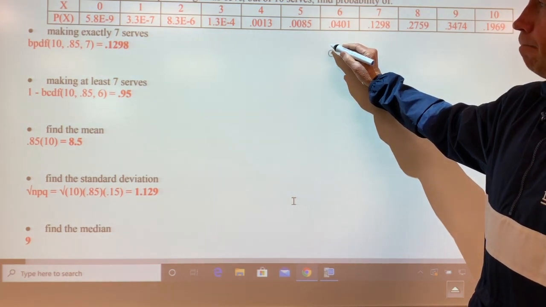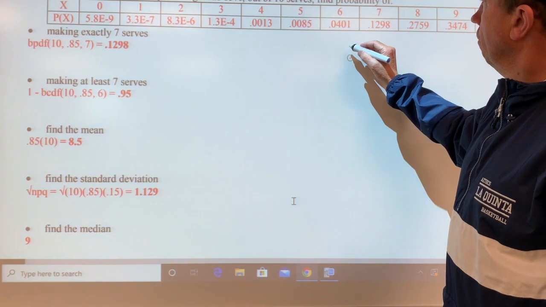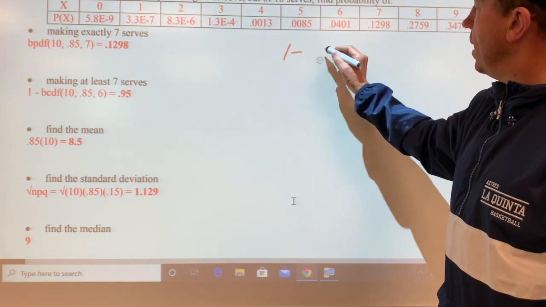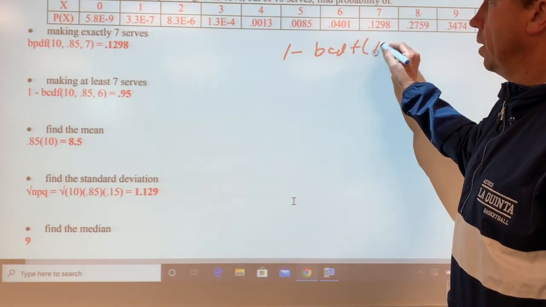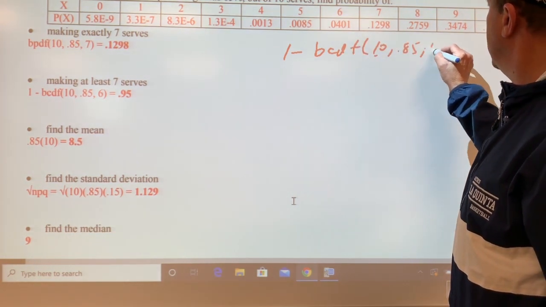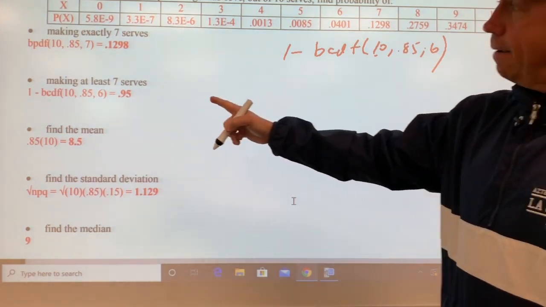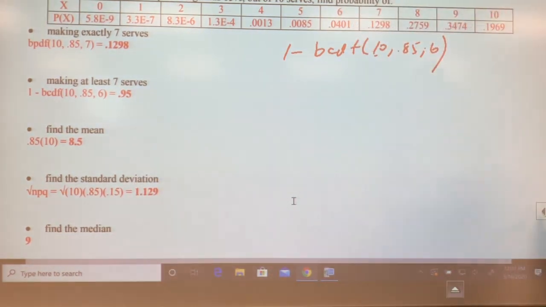So you're going to go 1 minus binomial CDF 10, 0.85, 6, okay? And I guess I have that written right there. That'll be easy, okay? All right.